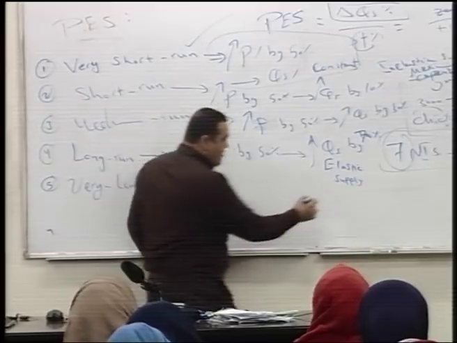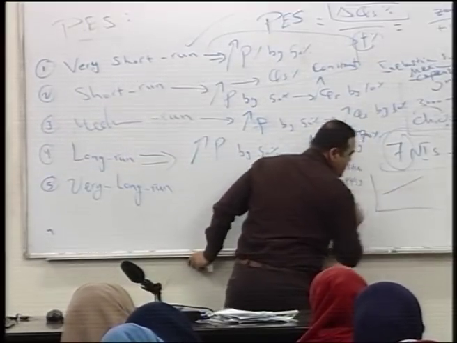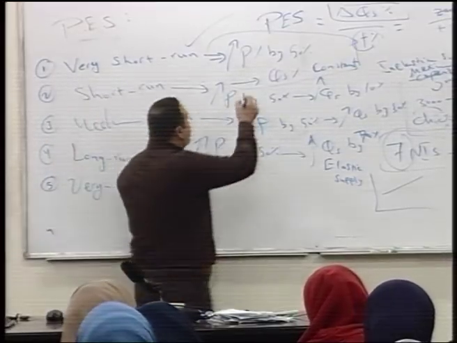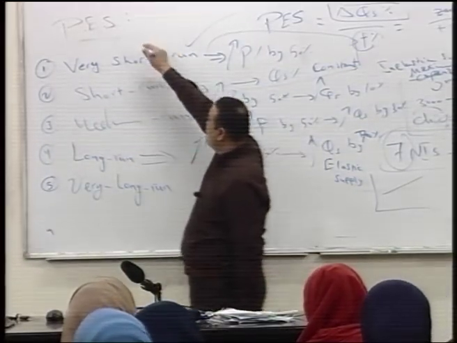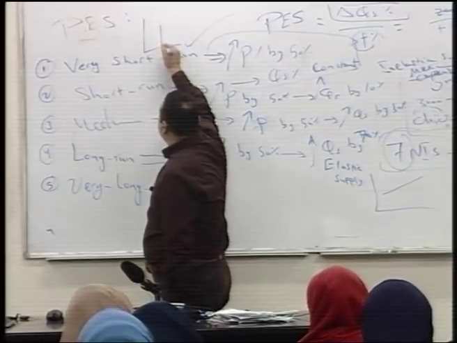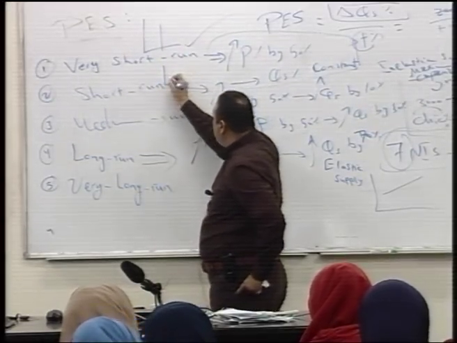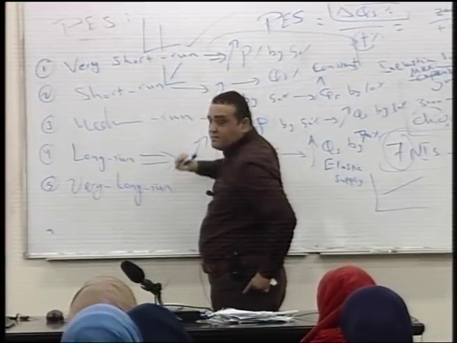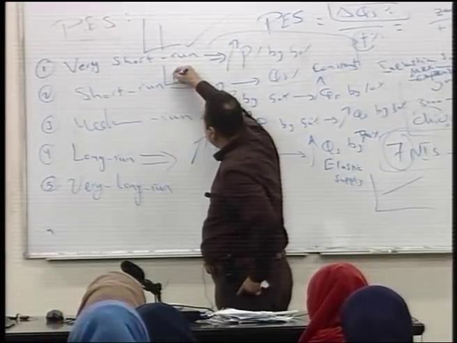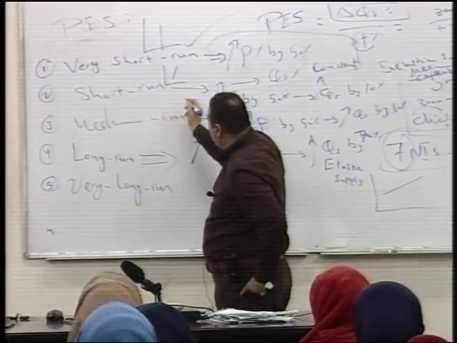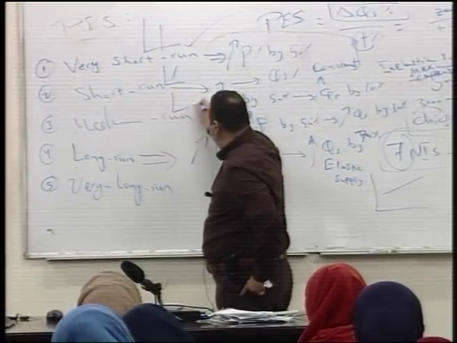تمام؟ So the supply here will be elastic. بمعنى السبلاي كيرف راح يكون هيك close. صح؟ يعني هنا بدينا هيك. The first, very short run, the supply curve was vertical. اللي بعده short run inelastic supply. صح؟ The medium term will be unitary.